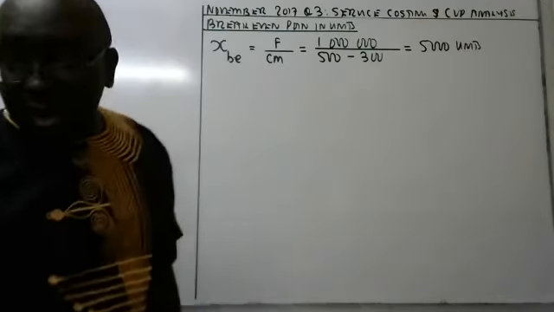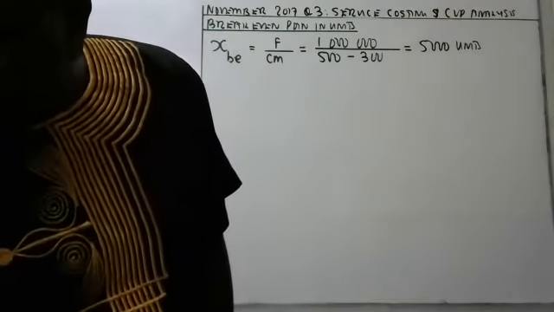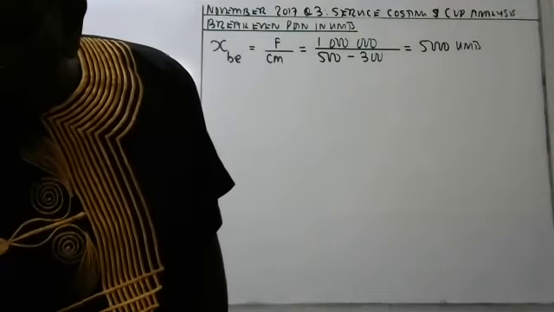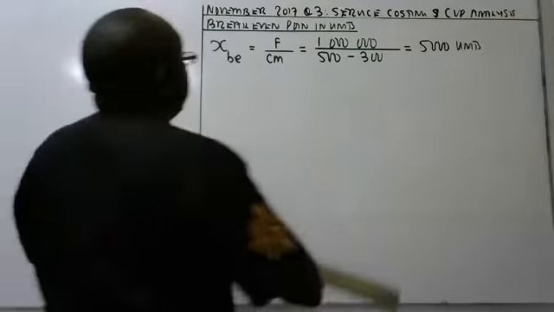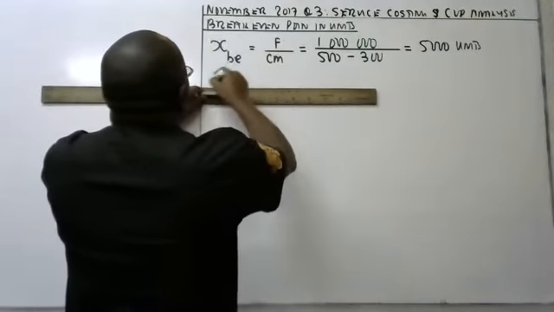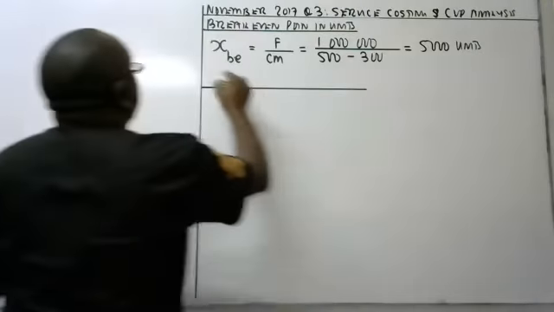Then we are asked the selling price per unit if the break-even point is brought down to 4,000 units. So that one we can call the new selling price.